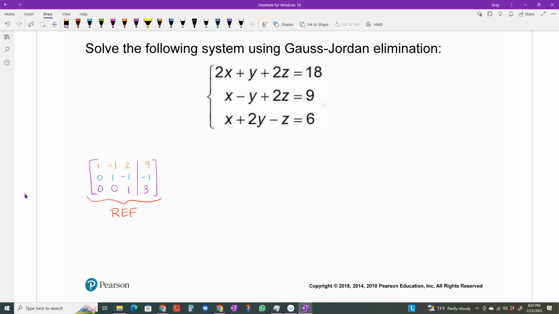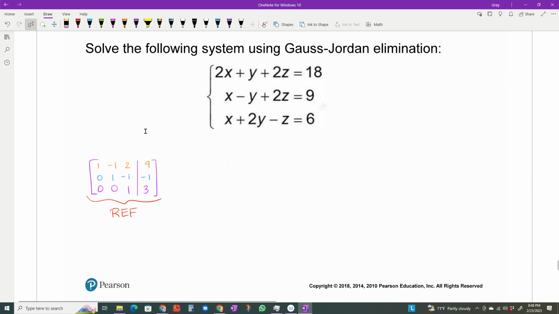This was row echelon form. So if I'm going to continue to get to Gauss Jordan elimination, then that means I have to get these guys to zeros, okay? And so from here, you go column by column. 1, zeros, and then I went to the 1, and we only went to this 0, but then we would normally go here if we're going to do that.